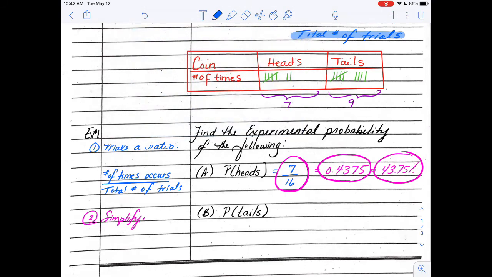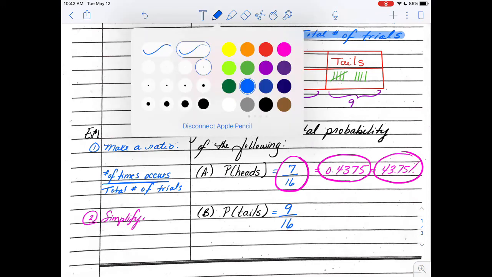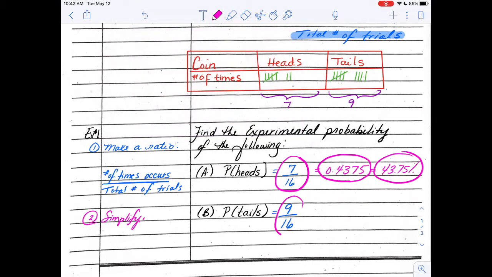Let's go ahead and look at the experimental probability of a tails. Well, I got 9 tails out of 16 flips. Can I reduce it? No, there's nothing that can go into both. So again, 9/16 would be that probability.